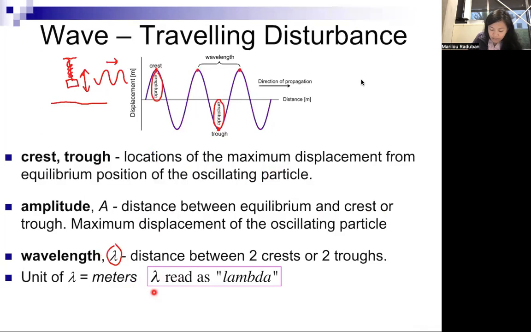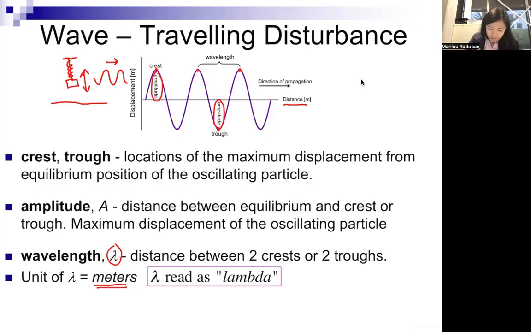Okay, so you read this Greek symbol as lambda, and because wavelength is the distance between two successive crests or two successive troughs, and the x-axis is measured in meters or the distance, therefore the unit for the wavelength will also be the unit of distance, which is meters for the SI or base unit.